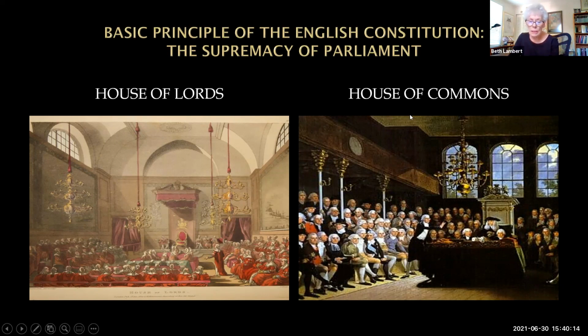The House of Lords, as you know, is hereditary, and the House of Commons are the individuals elected. The interesting thing about the members of the House of Commons, they did not have to reside in the area, city, or town that they represented.